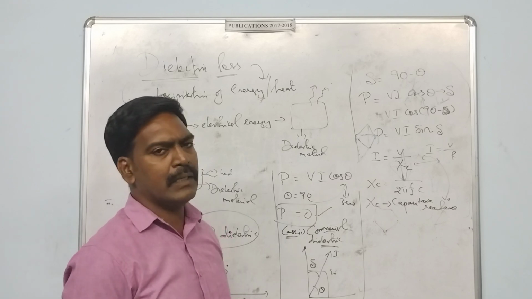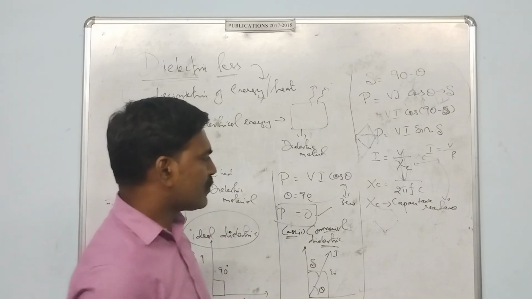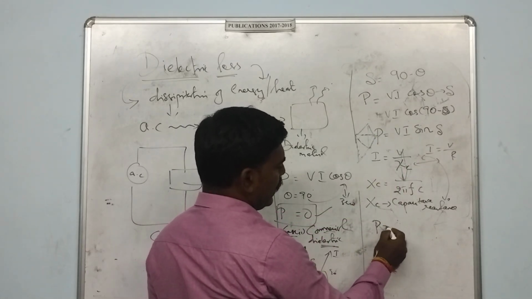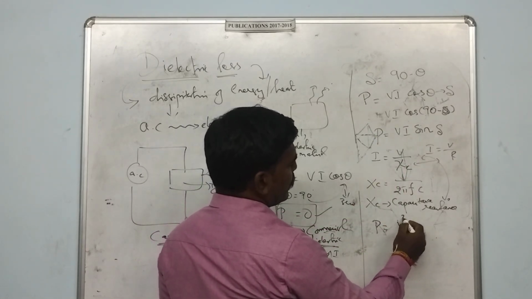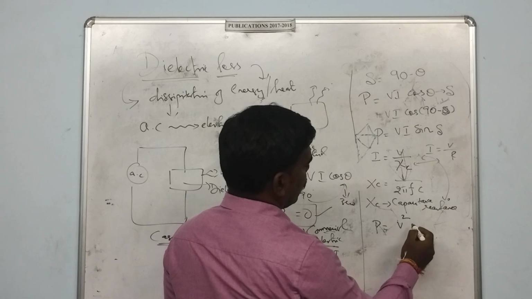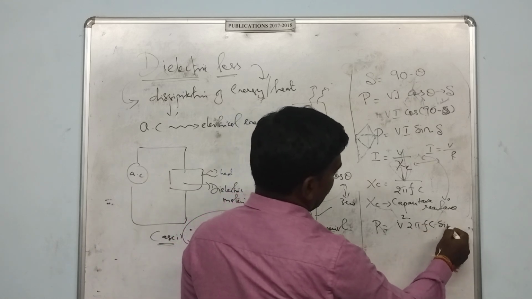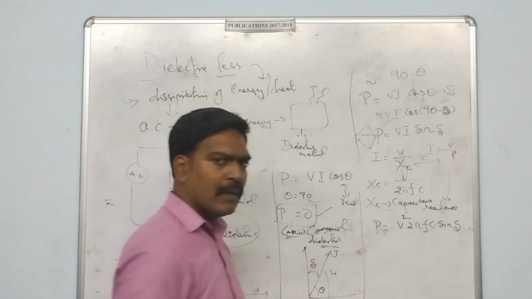We call it capacitive reactance. Now substituting these values into the previous equation, we get V square 2 pi Fc times sin del.